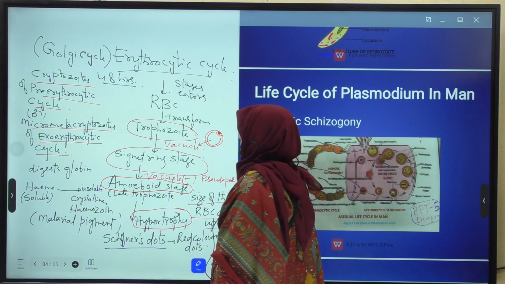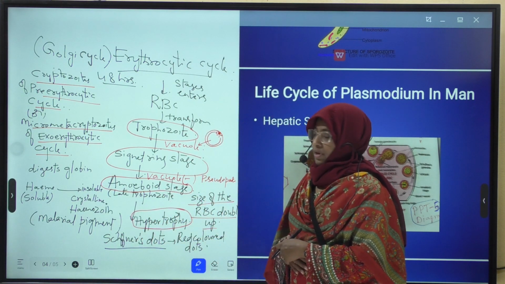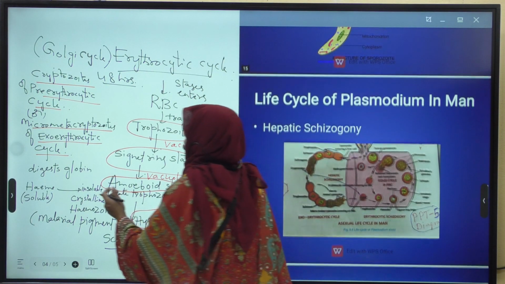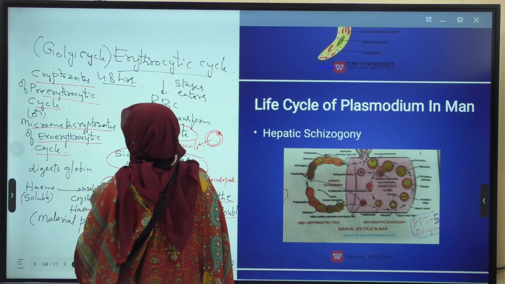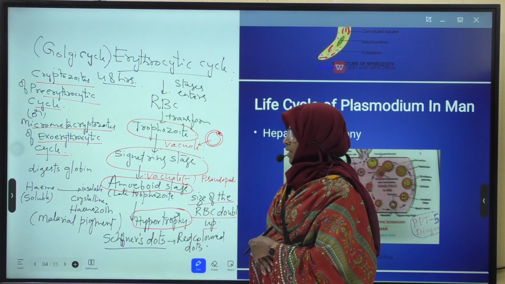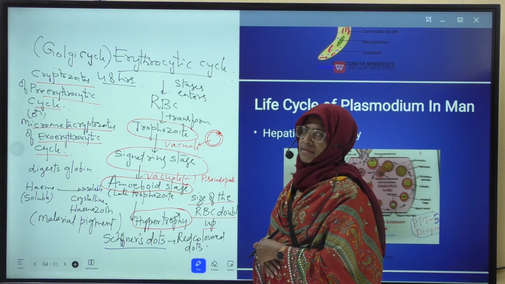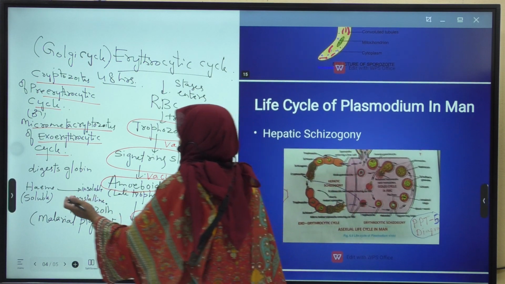Okay, next, this parasite feeds on the globin part of the hemoglobin. It means the parasite digests the globin part and it leaves heme.